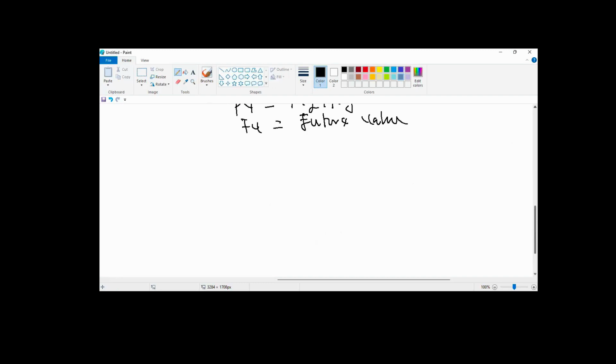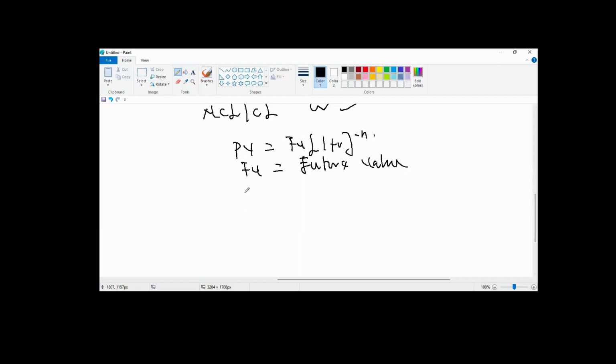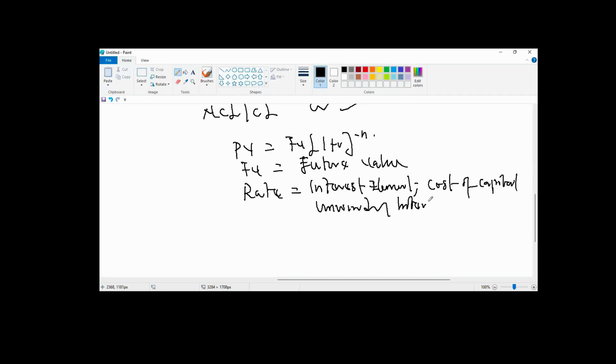Rates, which is the interest element, which is also known as cost of capital. We also call it unwinding interest.